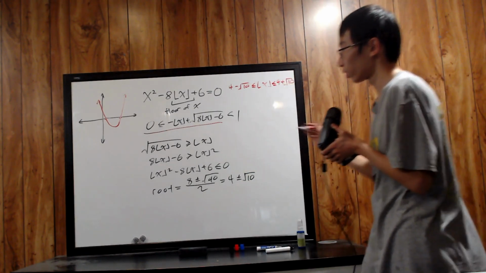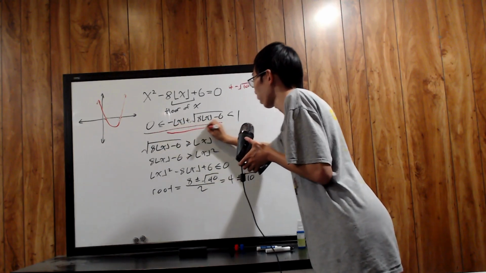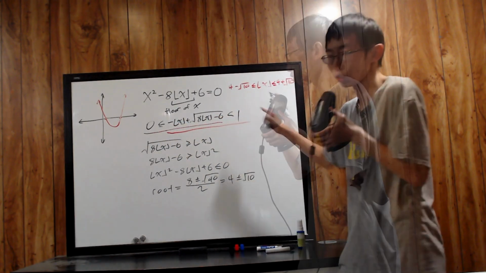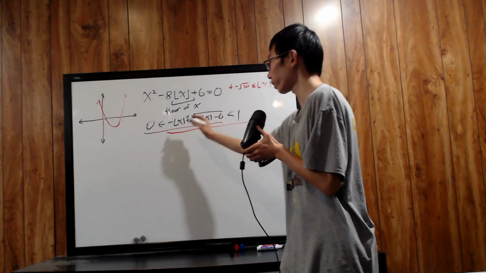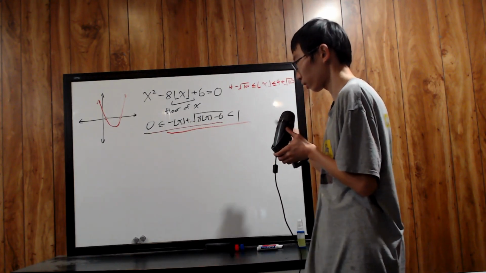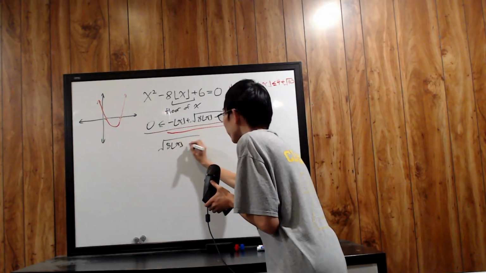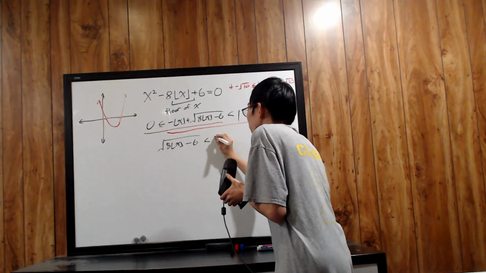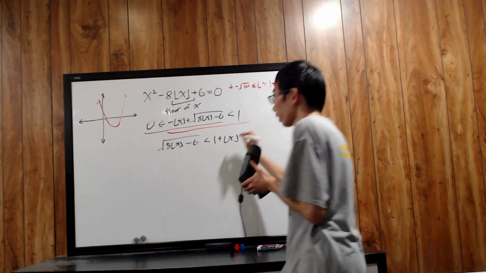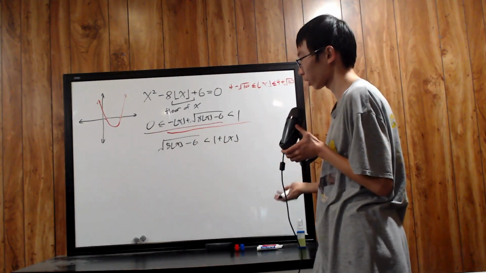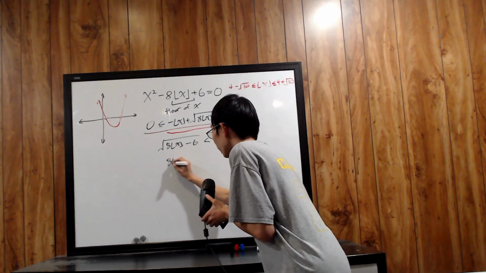We need to solve the other part. This part. This is smaller than 1. To solve this part, we move negative floor of x onto the other side again. So we get square root of 8 times the floor of x minus 6 is smaller than 1 plus the floor of x. And again, square both sides because both sides are non-negative.